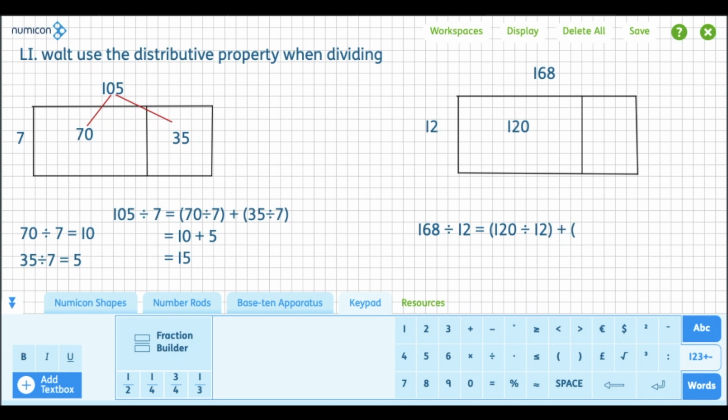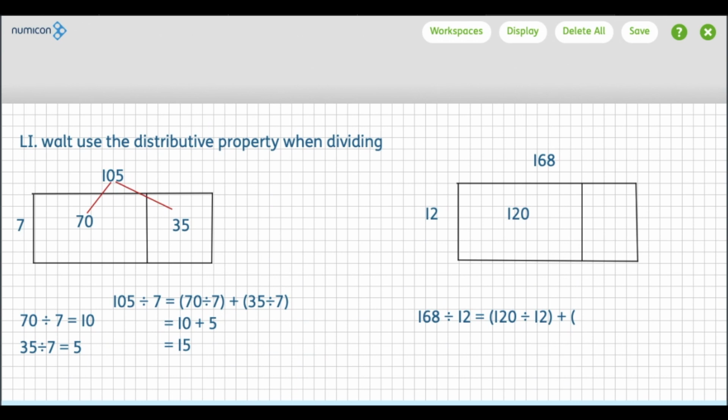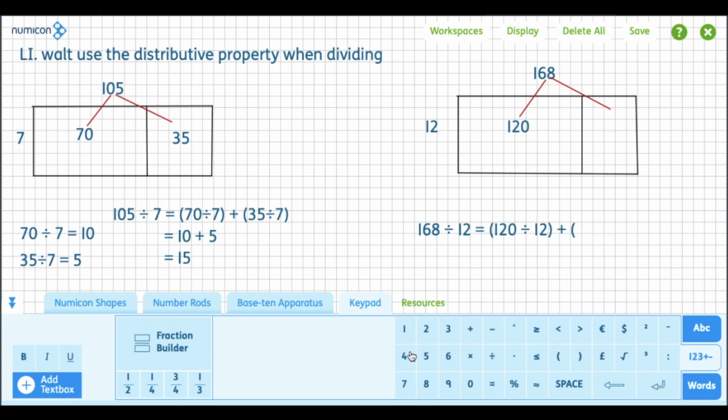So if I'm thinking about my 168, I've split that up into 120, and I need to figure out what's left over. I've got 48 left over. So 48 over on this side, and 120 plus 48 is equal to 168.